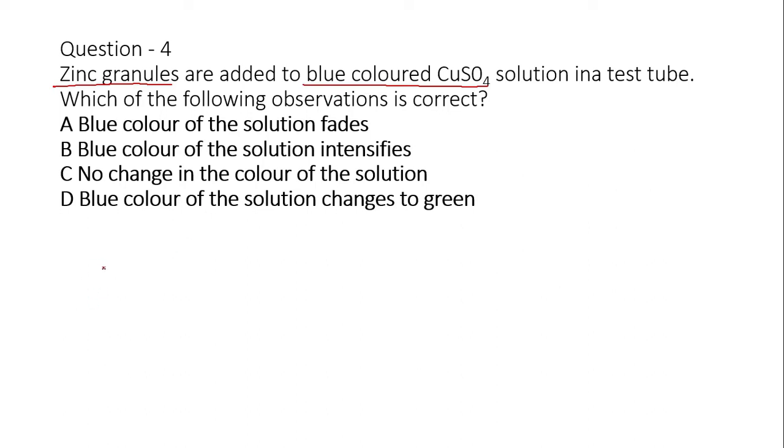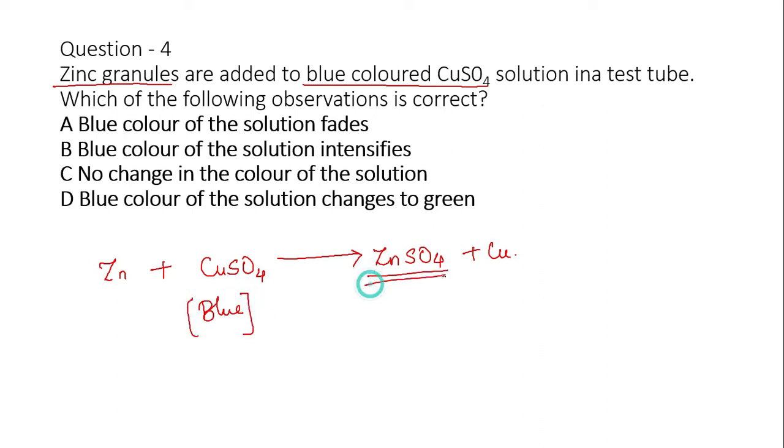So we'll write the equation first. Zinc when it reacts with CuSO4 will give ZnSO4 plus Cu. Let's write the states. Basically this is blue in color, whereas when we see ZnSO4, what will be the color?